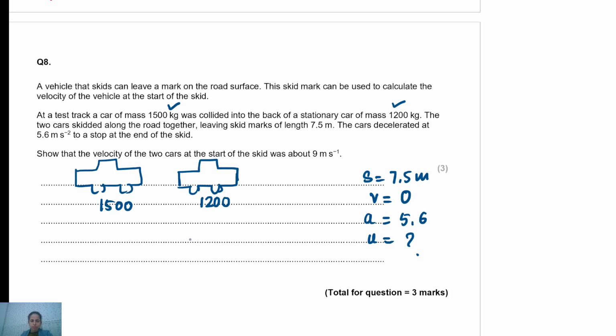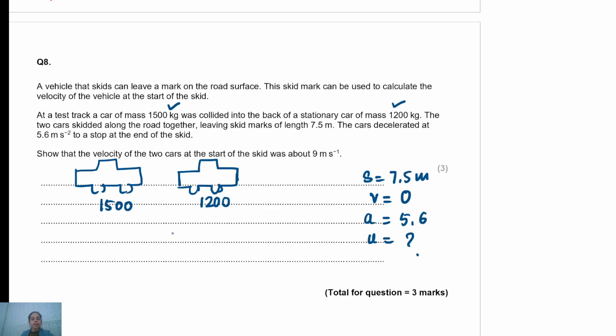Now here, it is actually a little bit tricky. Okay, I'm sorry, I got confused. It doesn't want anything else except the initial velocity. So I'm just going to use v squared equals u squared plus 2as. This is 0, u squared plus 2 times 5.6 times 7.5.